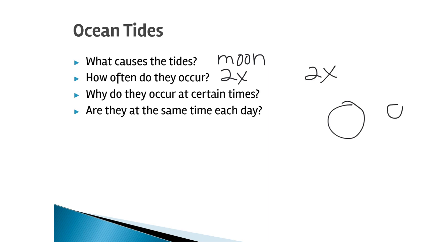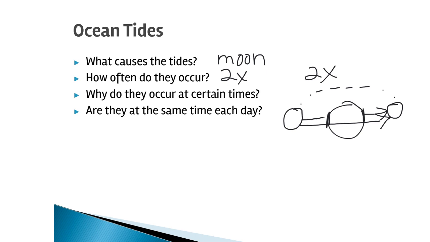So if the moon is here overhead, then we experience a high tide. And then when the moon is on the opposite side of the Earth, so it rotates around, this side of the Earth will feel the high tide, but we'll also feel the pull of the moon on the opposite, the 180-degree side from the moon.